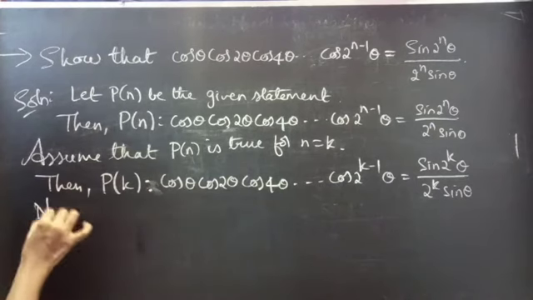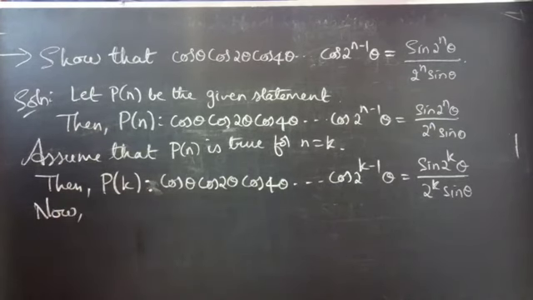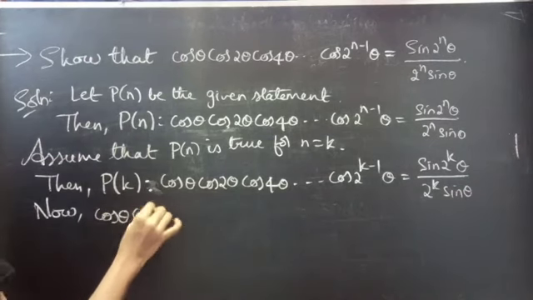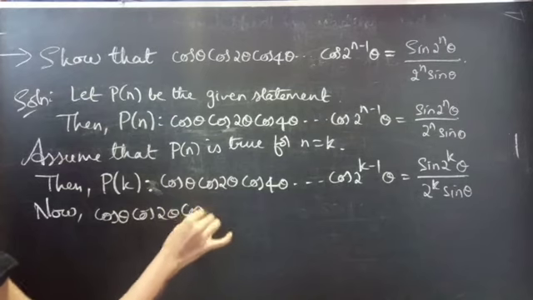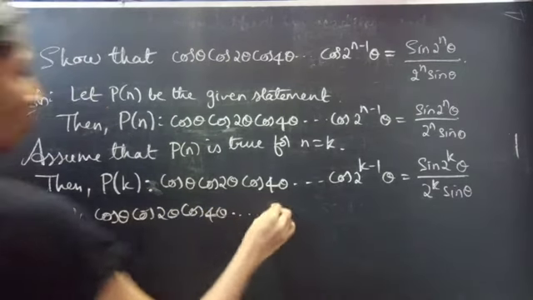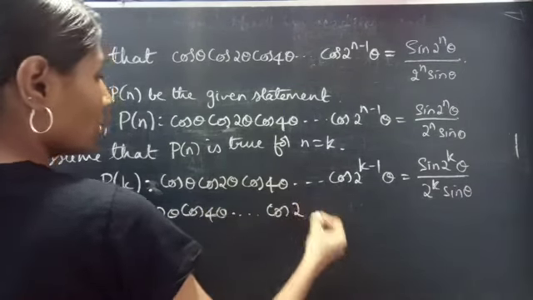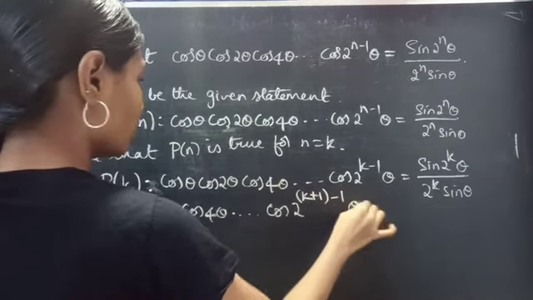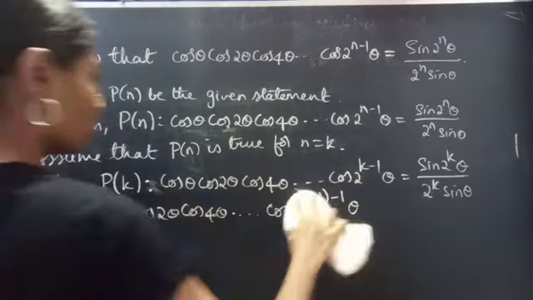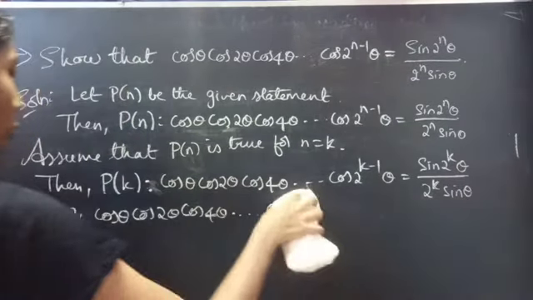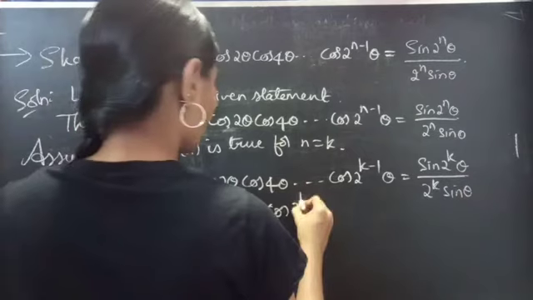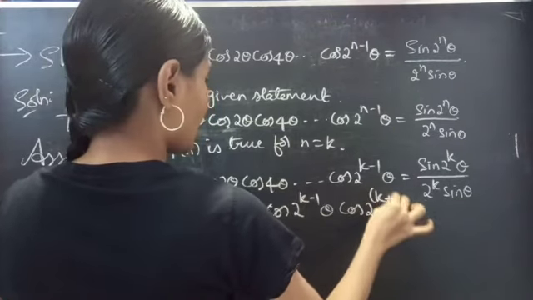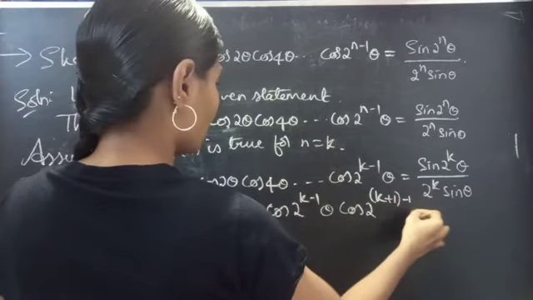now we can prove for k plus 1. So let's consider k plus 1 terms. Replace k by k plus 1 minus 1 into theta, cos 2 power k plus 1 minus 1 into theta.